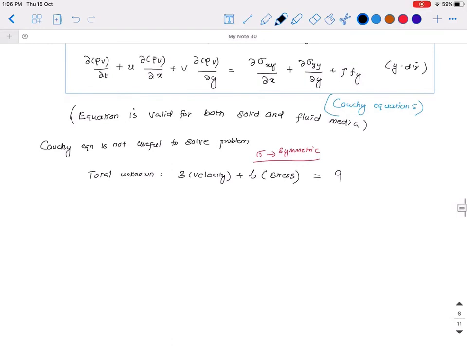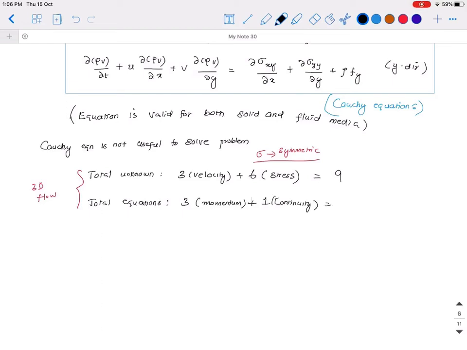Okay, how many equations we have? So we have for a 3D flow. Okay, so total equations would be 3 momentum equations or 3 Cauchy equations plus 1 which is coming from mass conservation.